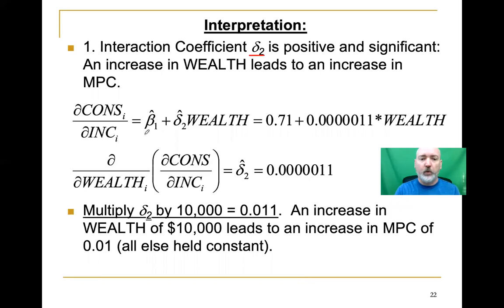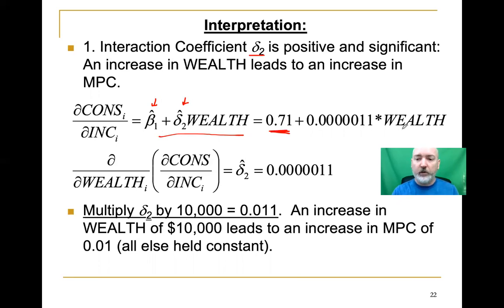Putting the numbers into our marginal effect equation, so the baseline, the beta 1 hat, plus the interaction coefficient times wealth. So if you have zero money in the bank, if your wealth is zero, your marginal propensity to consume is predicted to be 0.71.